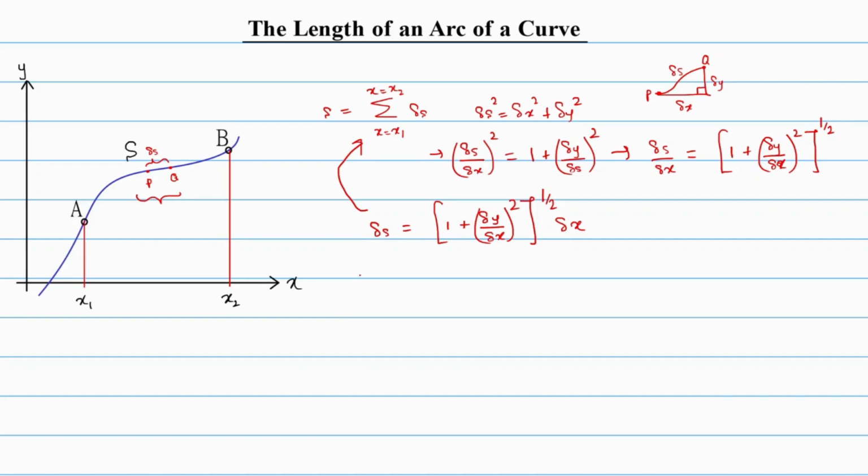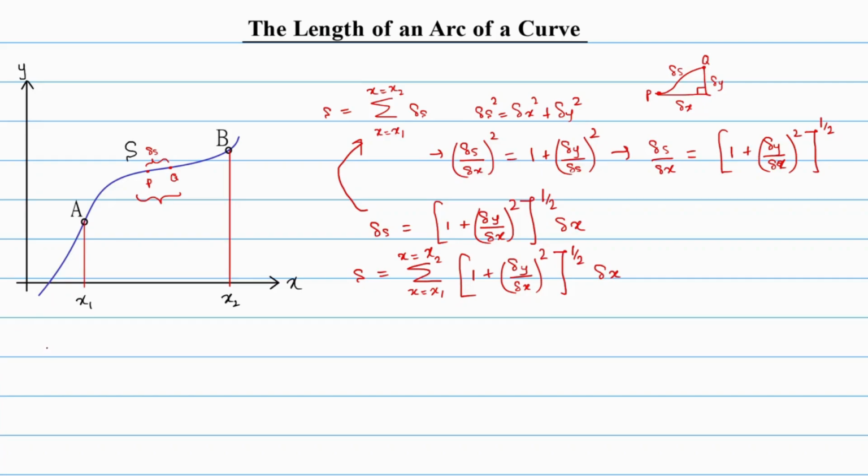So that gives us S equals sigma from x equals x1 to x2, and we just write this here, 1 plus (delta Y over delta X) squared, entire thing raised to the power of half, times delta X.